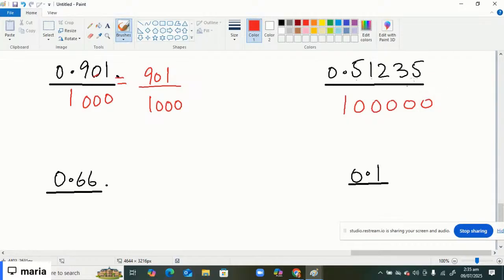And now tell me what is the answer? The answer is 51235 over 1, 2, 3, 4, 5, 6. That is your answer. Now tell me what is the answer of this one?